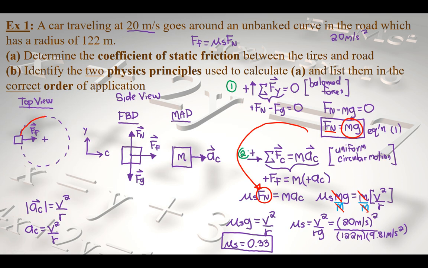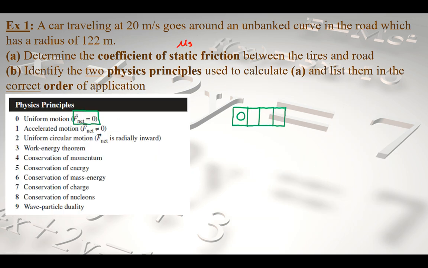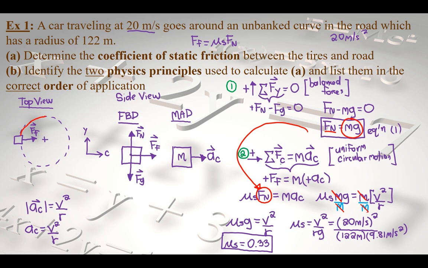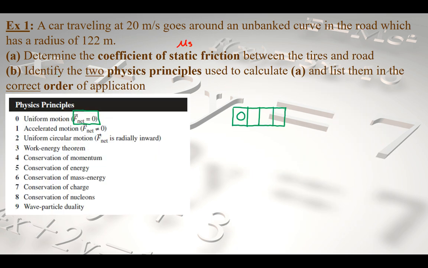We used this equation. What's this equation? Now, again, you might be tempted to say it's accelerated motion, but this is a special case of accelerated motion because we have the C's here. So this is uniform circular motion. If we go back to our physics principles here, we're making use of principle number 2.